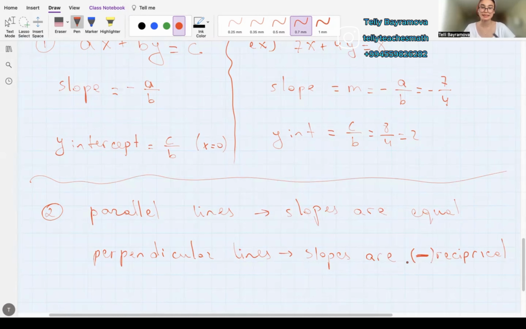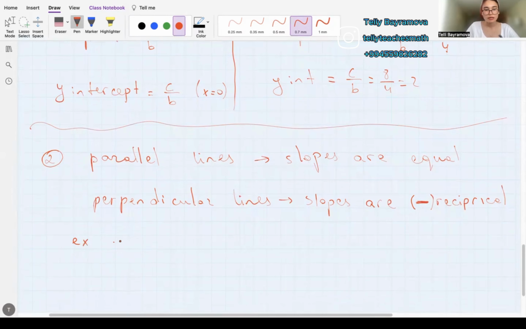Don't forget to write negative. For example, m equals 7. If we are talking about parallel, m will be 7 again. But perpendicular, m will be negative 1 over 7.